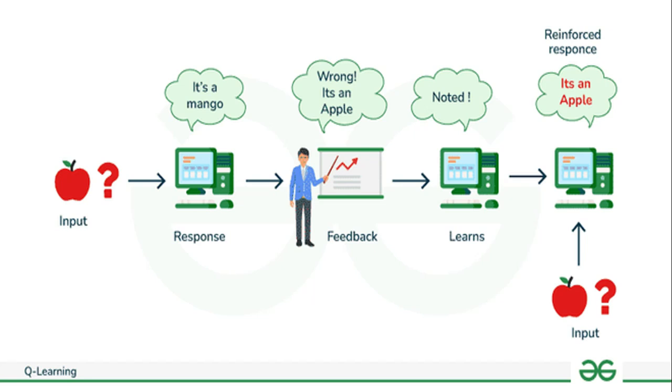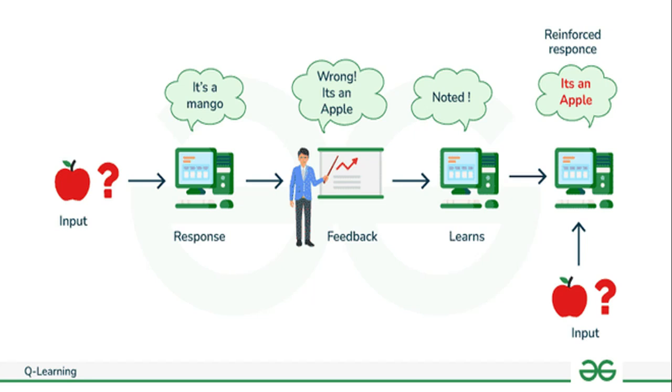We input unlabeled data, maybe mango or tomato. Response, question: it is a mango. After analysis, it is a mango. Feedback: wrong, it is an apple.